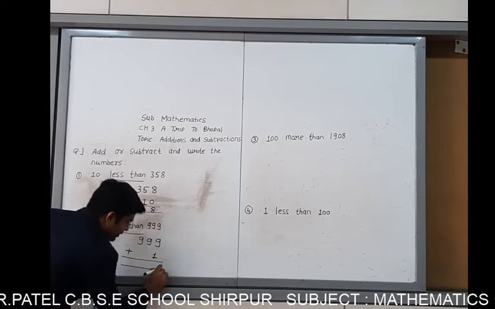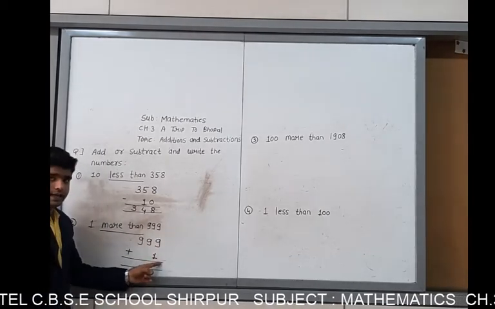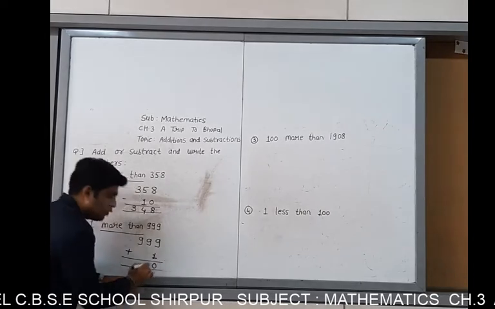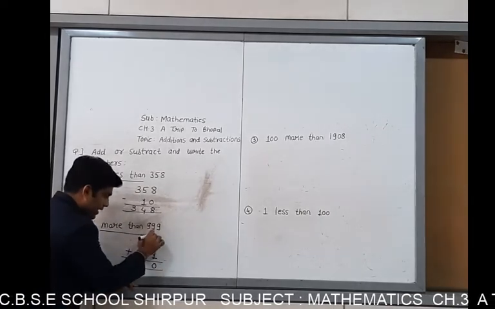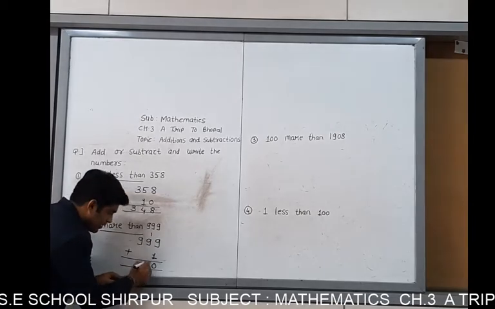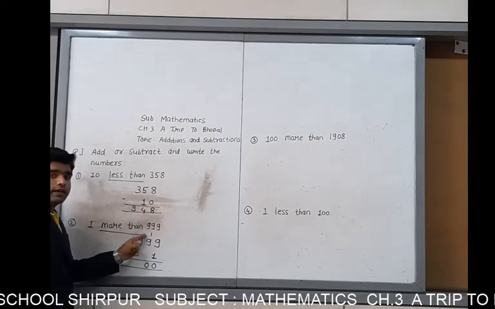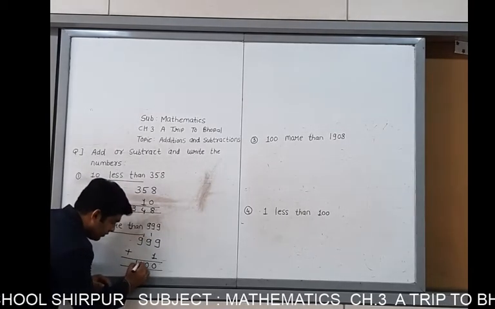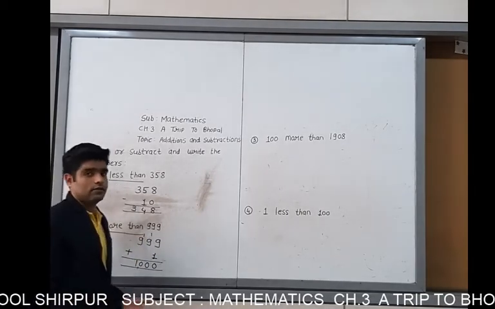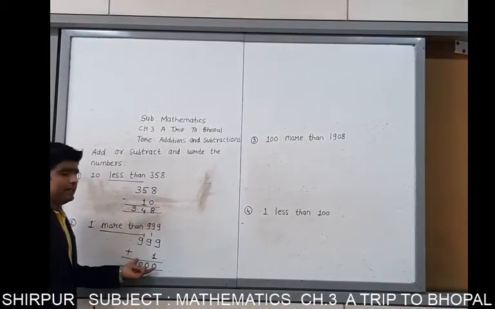Simple addition. 9 plus 1 is 10, this is 0, and 1 is carry. 9 plus 1 is 10, 1 is carry. 9 plus 1 is 10. Your answer is 1000.